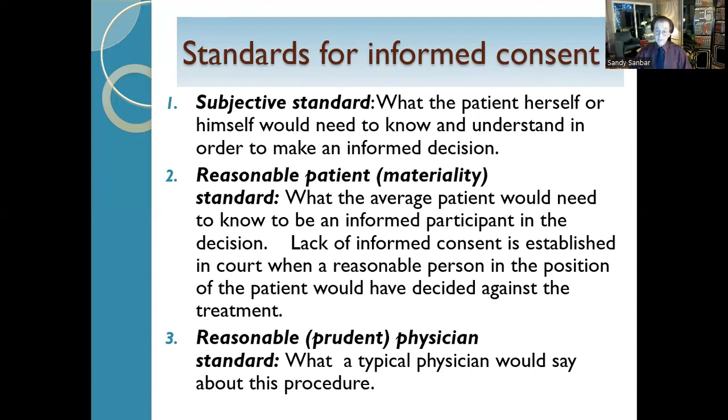The second type of standard is the reasonable patient standard, sometimes referred to as the materiality standard: what the average patient would need to know to be an informed participant in the decision.